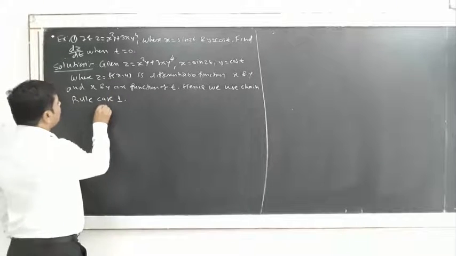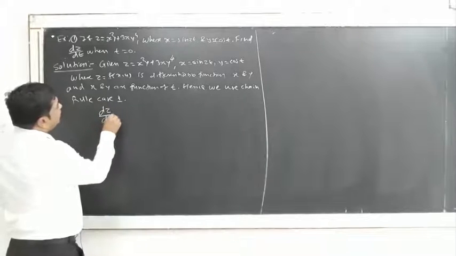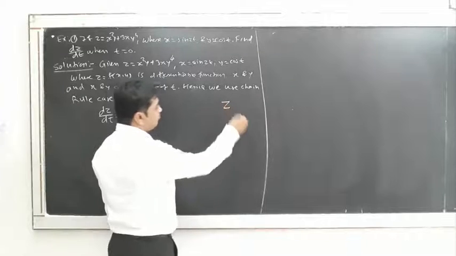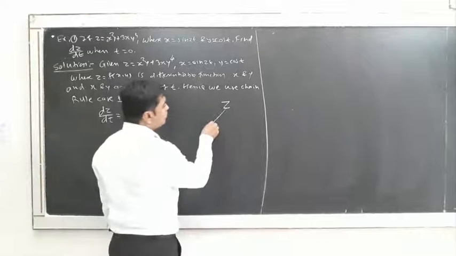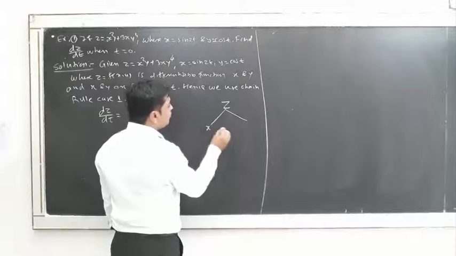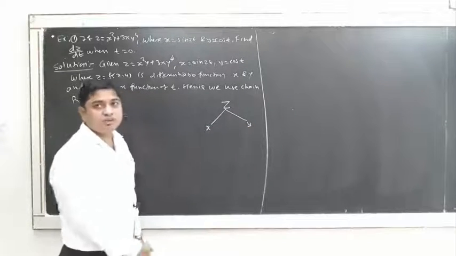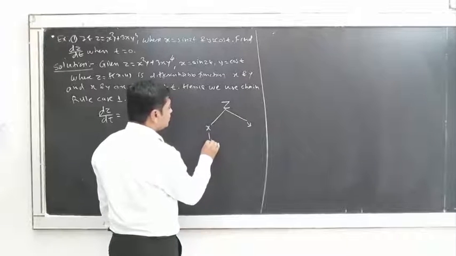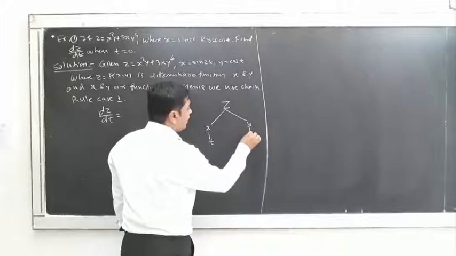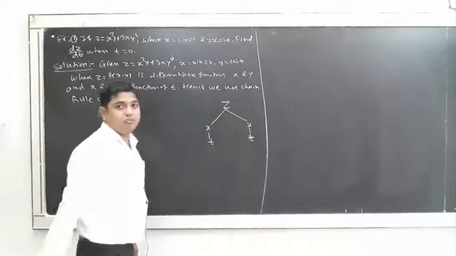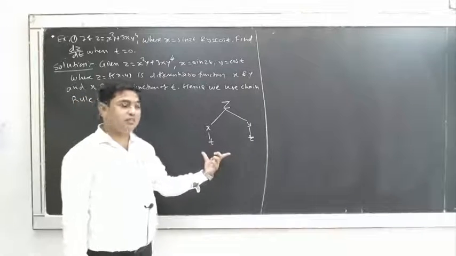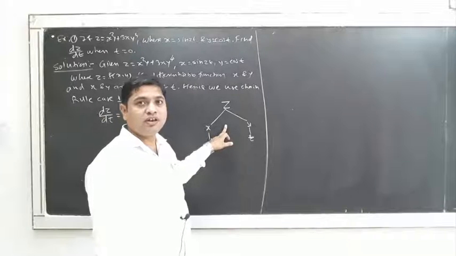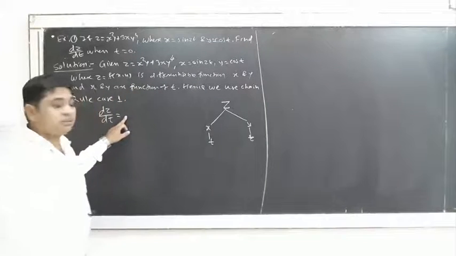So what do we have? dz/dt is equal to what? Suppose we try to draw the tree diagram. z is a function of x and y, two variables, and x is a function of one variable t, and y is also a function of t. That is the tree diagram. We use this tree diagram, from graph theory, for memorizing the chain rule.